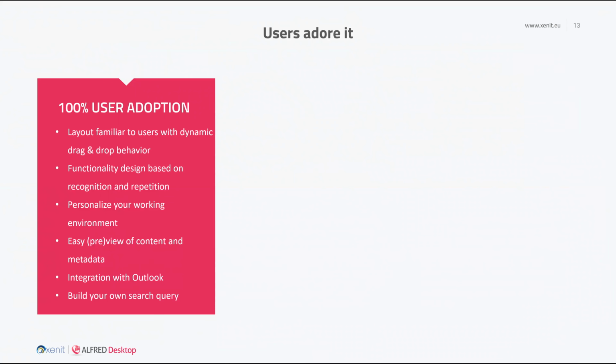So it has become a workhorse tool on your desktop, like you have your email, like you have your navigation, like you have your Office. The Alfred Desktop belongs to the standard tool sets for all Office workers.